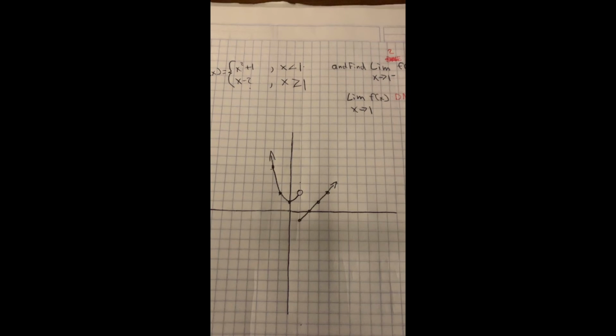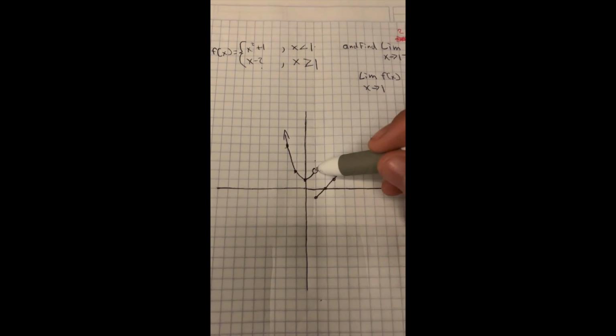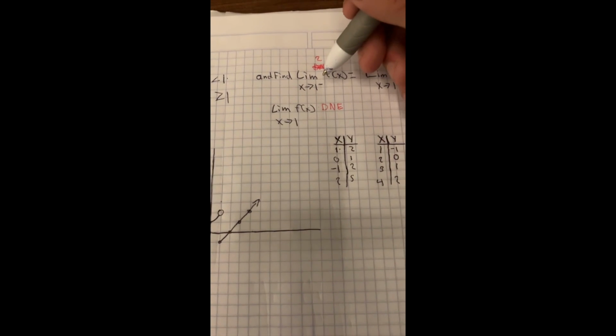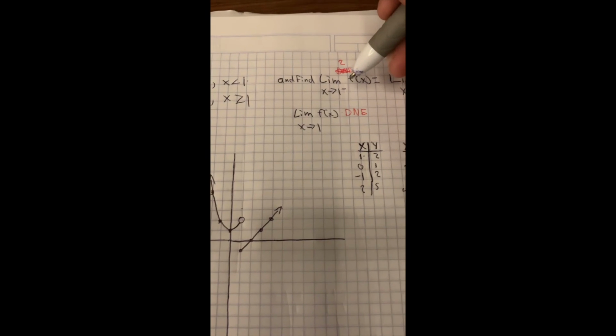And since we need to find limits, we just need to look where the point is. When x approaches 1 on the negative side, the limit will be 2.